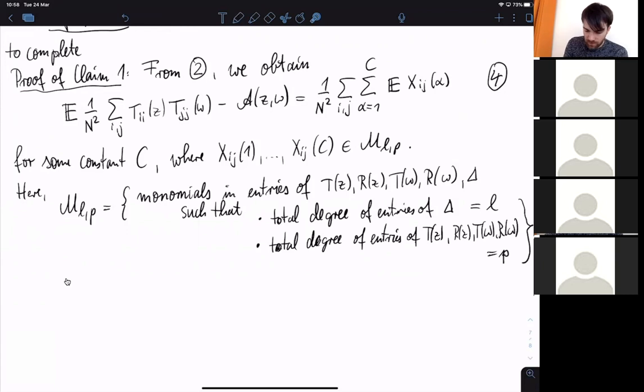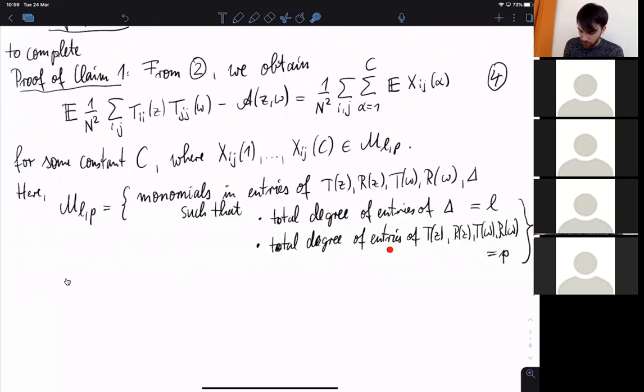So is this definition clear? I take monomials in these entries, and then I have two conditions on the degrees. The total degree of all entries of delta will be L, and the total degree of entries of the T's and the R's will be P.